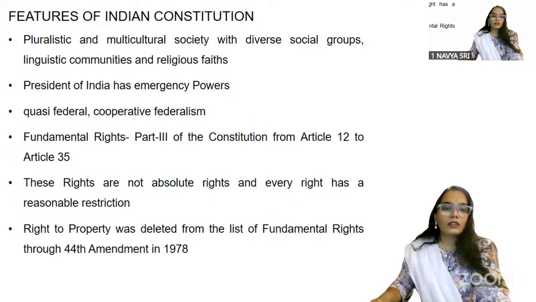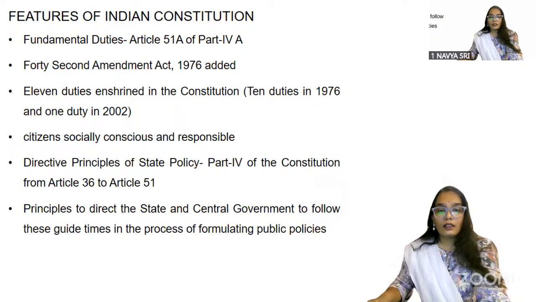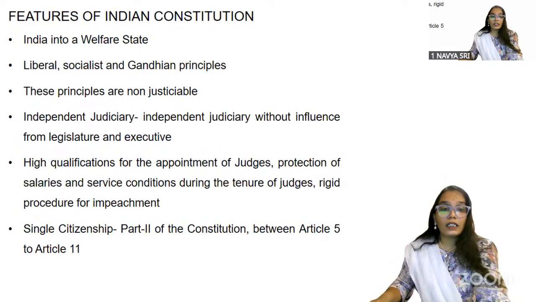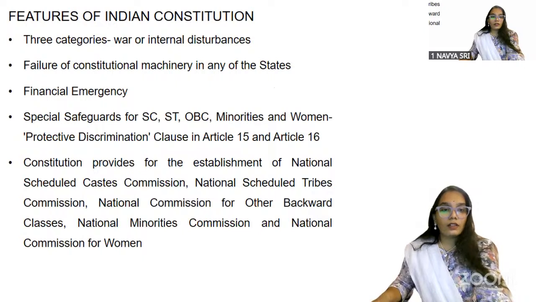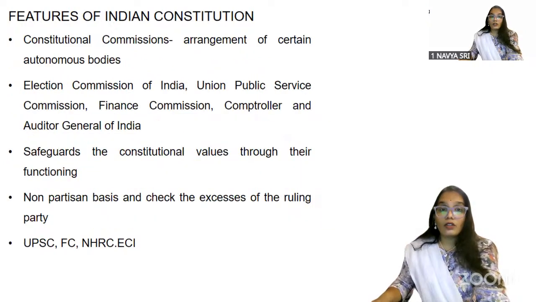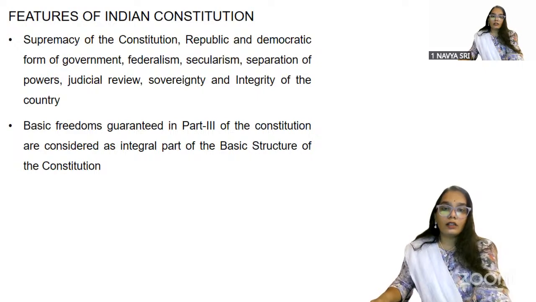Then fundamental rights, fundamental duties, directive principles of state policy, independent judiciary, single citizenship, universal adult franchise, emergency powers, special safeguards for SC, ST, OBC, minorities, and women, constitutional commissions, then judicial review, which is very important. These are all considered the basic structure of the constitution. You can summarize it saying like that.